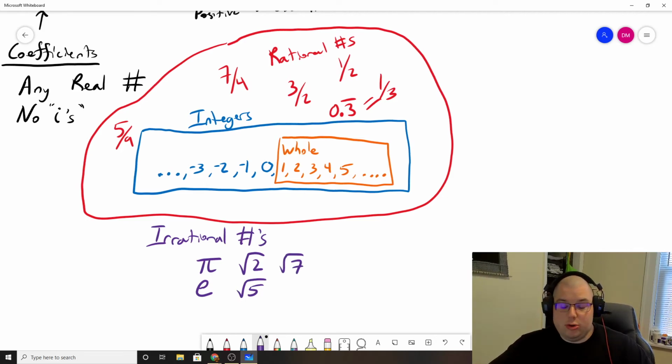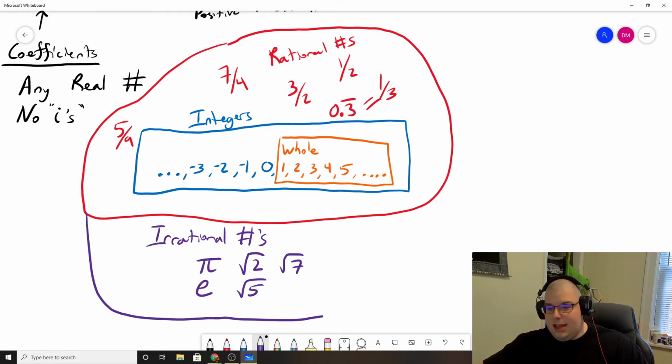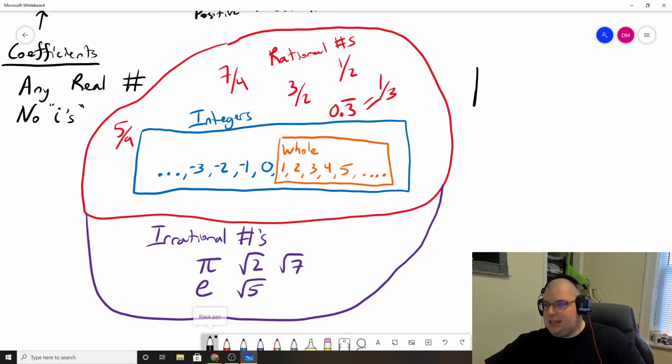Basically, the square root of any prime number will give you an irrational number. And now when we join irrational and rational numbers together, we form what are called the real numbers. So all of these things together form the real number system.